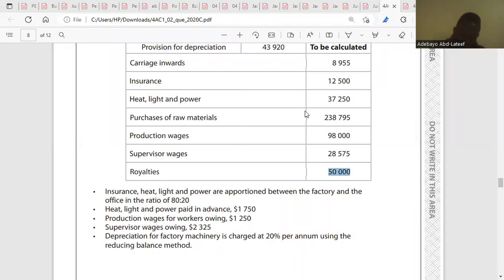So that gives us our prime cost, which is 399,500. Is that clear? 399,500.